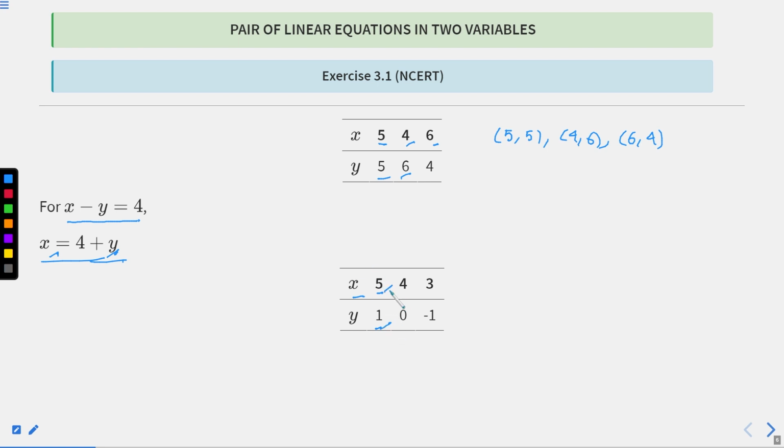Okay, and when the value of y is 0, then the value of x is 4. And when y is equal to minus 1, then the value of x is 3. So here we get these points: 5, 1; 4, 0; and 3, minus 1. Okay, so now we can plot these points and then we can get a graph of a linear equation.